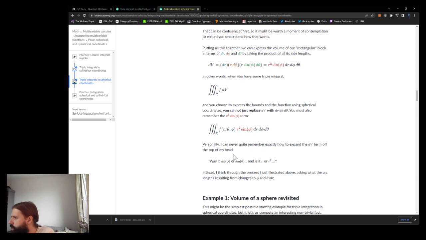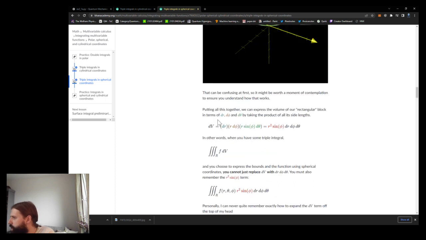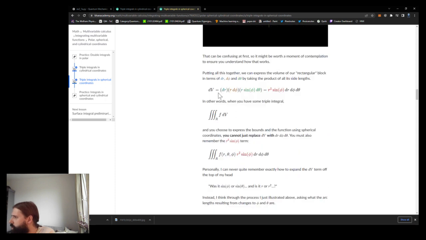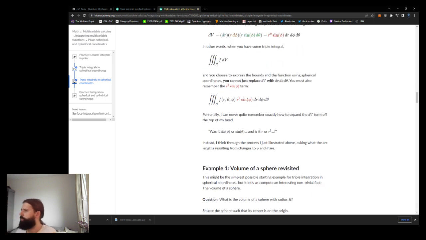Let's go again. I'm going to skip this because that's just a derivation of how to expand the volume, the dV, right? You cannot just represent it without the R, you must also remember it, exactly.